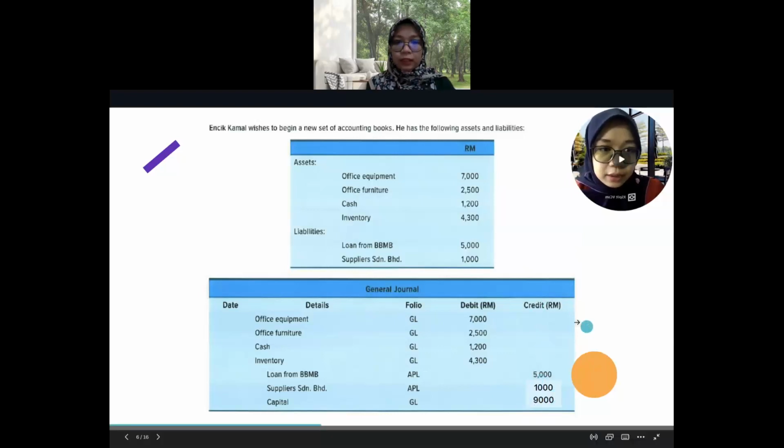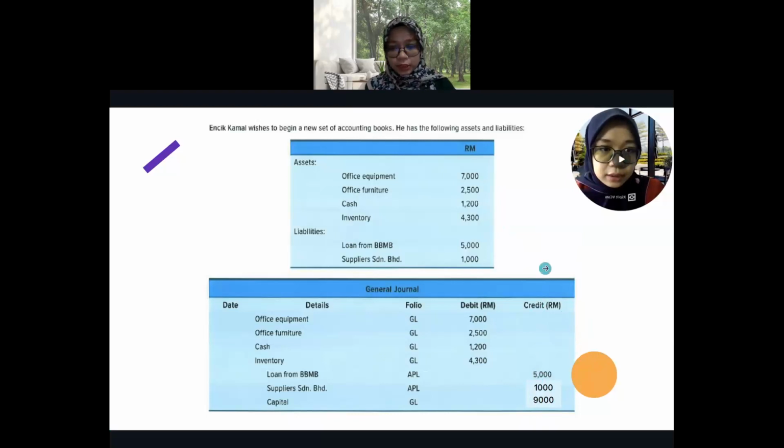In this transaction, the general journal is used to record the balance b/d. But for examination purposes, you don't have to record any balance b/d in the general journal. Okay.